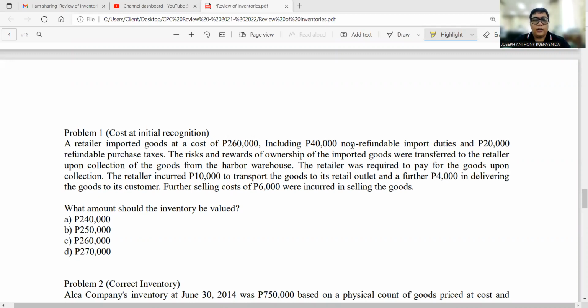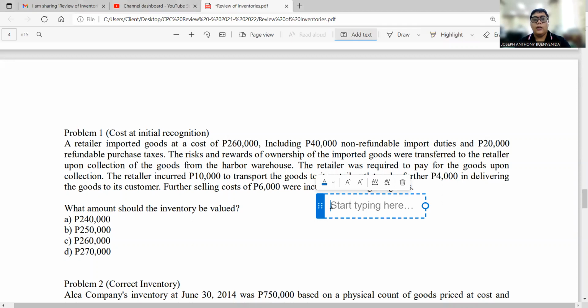The risks and rewards of ownership of the imported goods were transferred to the retailer upon collection of the goods from the harbor warehouse, and the retailer was required to pay for the goods upon collection. The retailer incurred 10,000 to transport the goods to its retail outlet and a further 4,000 in delivering the goods to its customer. Further selling costs of 6,000 were incurred in selling the goods. How much is the cost of inventory?